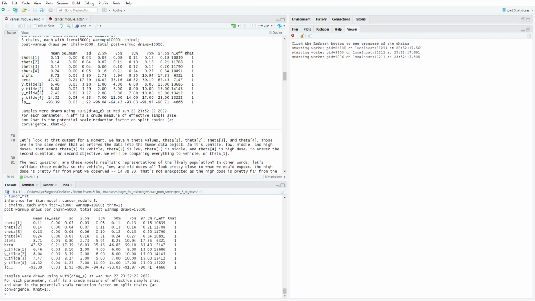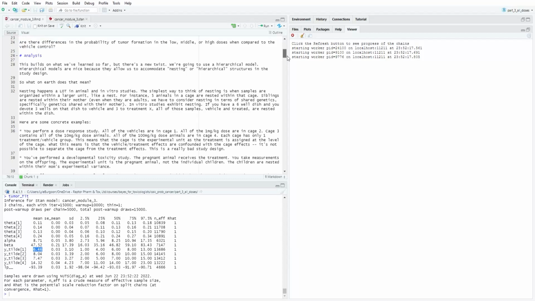Oh, and I didn't talk about the Y tildes. Oh gosh, these are fun. So this is the vehicle. Now remember, Y tilde is from a binomial distribution. So this is the number of animals we would expect based on theta 1 to develop tumors. And you can see we've got 6.46.